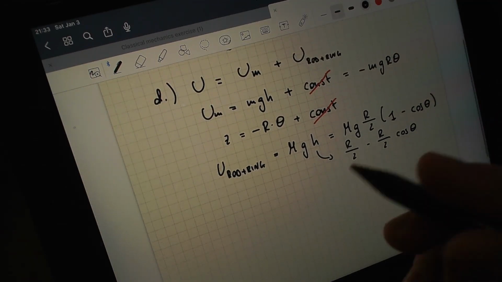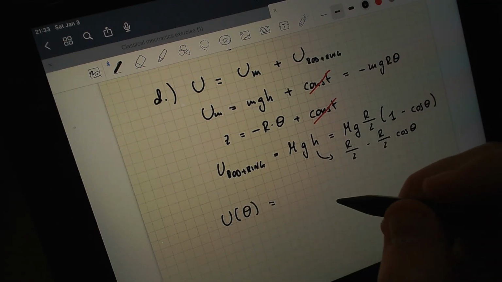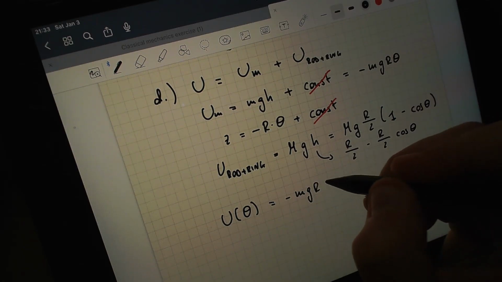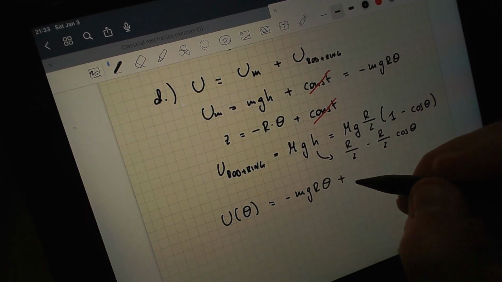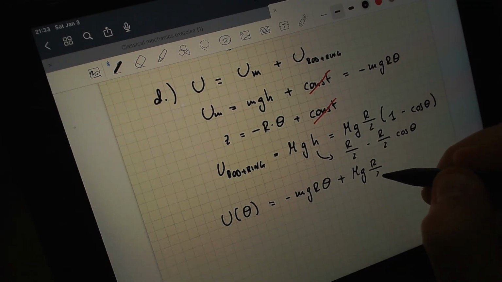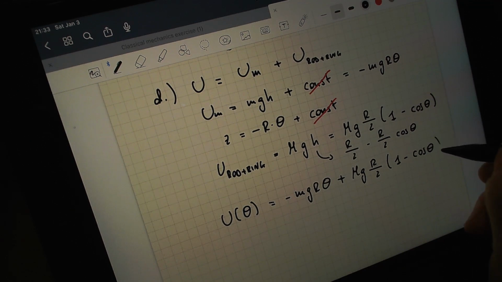Okay, so this means that the potential energy of the system is a function of theta, which is minus mgr theta plus mgr over 2 times 1 minus cosine of theta, as we said.